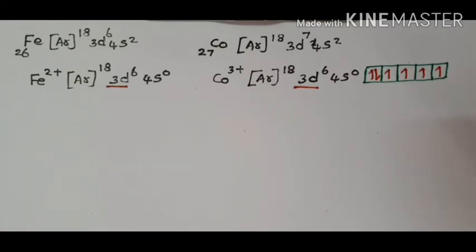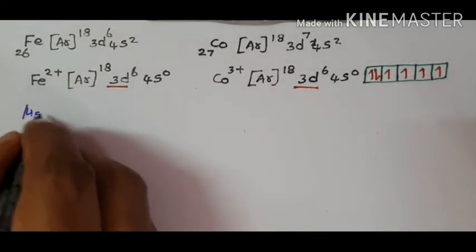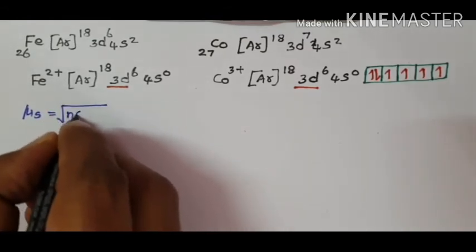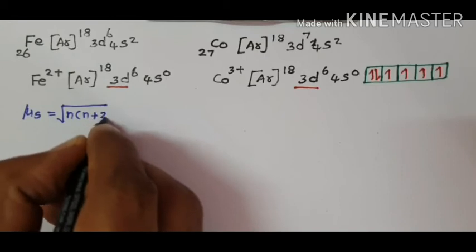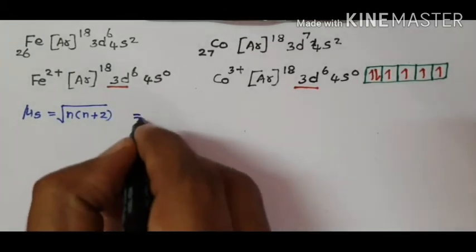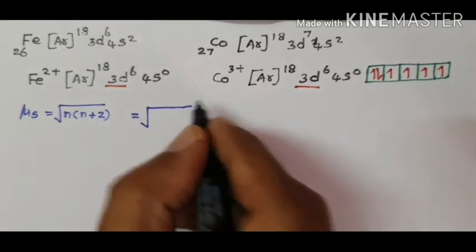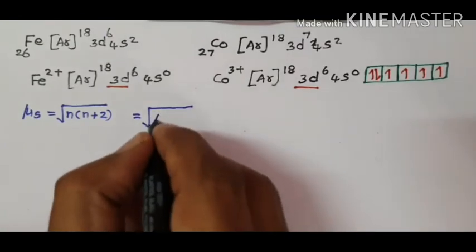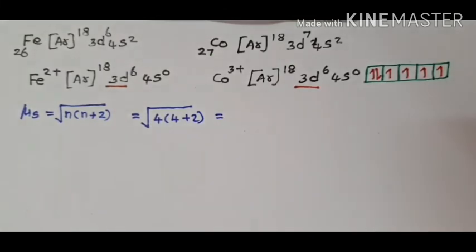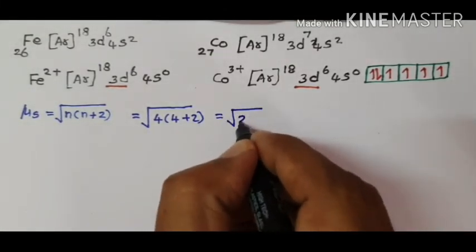The spin only magnetic moment mu s equals, what is the formula? Root of n into n plus 2 Bohr magneton. That equals root of, what is the number of unpaired electrons we have? 4. 4 into 4 plus 2, 4 plus 2 equals 6. 6 into 4 is 24.